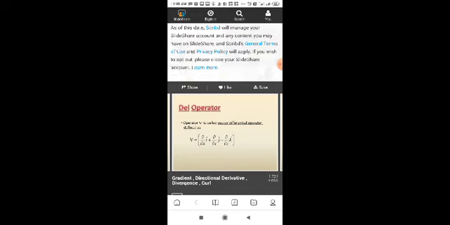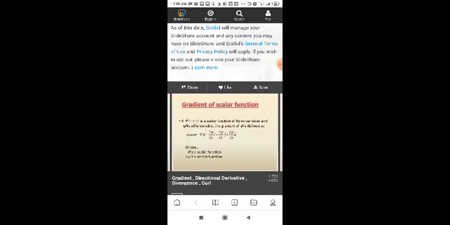Del is called the vector differential operator. In 3 dimensions, i is the unit vector in the direction of x, j is the unit vector in the direction of y, and k is the unit vector in the direction of z. So this is the del operator.